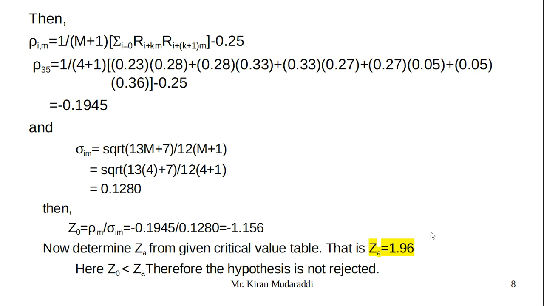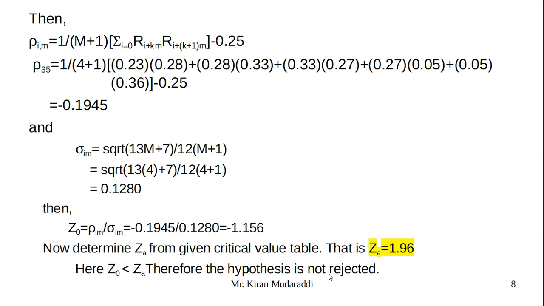So from the given table, I got Z alpha, that is Z 0.05, is 1.96, and I'm comparing it with Z0. Z0 is minus and this is plus, so of course it is less than Z alpha.